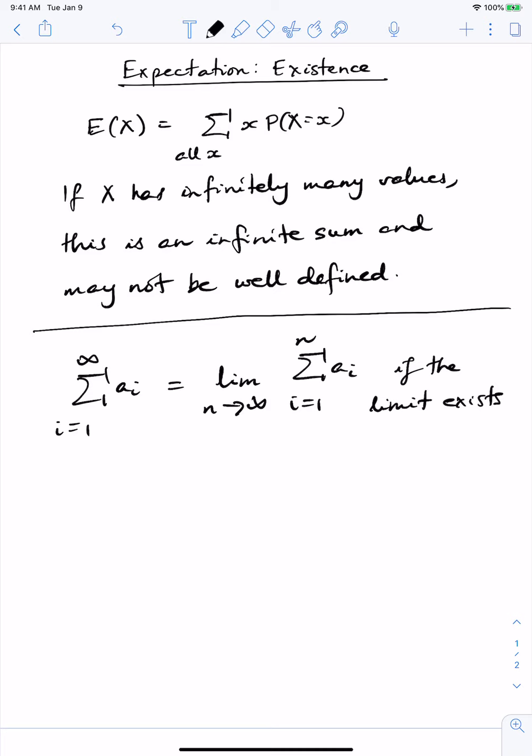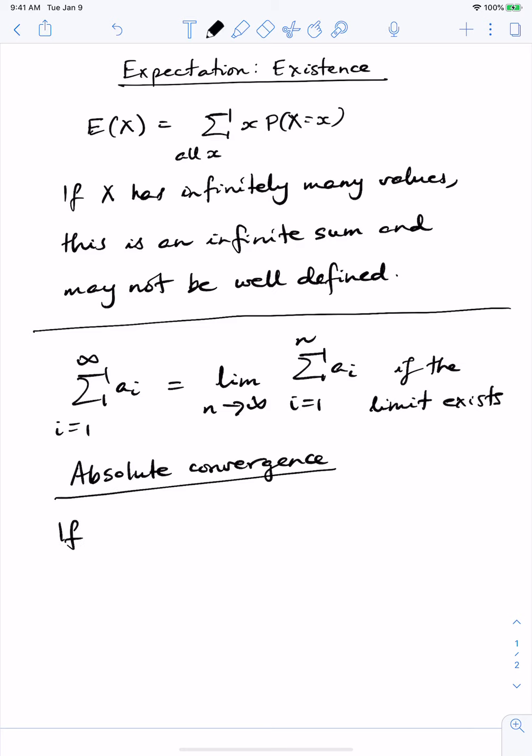And one such condition is absolute convergence. And this says that you can add not just the terms themselves but their absolute values and get something finite. So let's take a look at what's happening there.